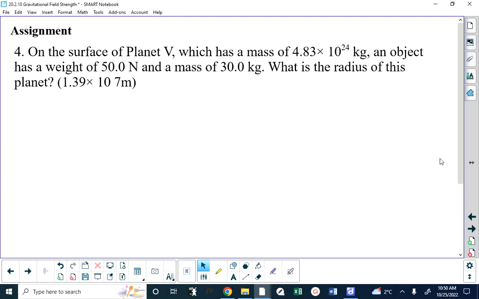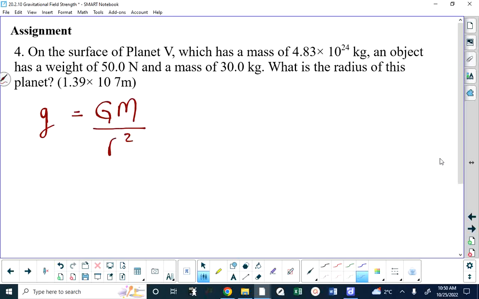The idea is that in terms of gravitational field strength is this. And if we take this approach, because we've learned about gravitational fields, so we're going to use that formula in this lesson, I can't find the radius because I don't know the value of little g on the planet. But I also know that this formula is also a way to write gravitational field strength.